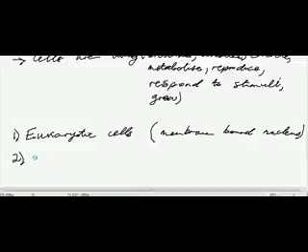The second one are prokaryotic cells. And they make up much more basic life forms, such as amoebas, bacteria, algae, cyanobacteria.